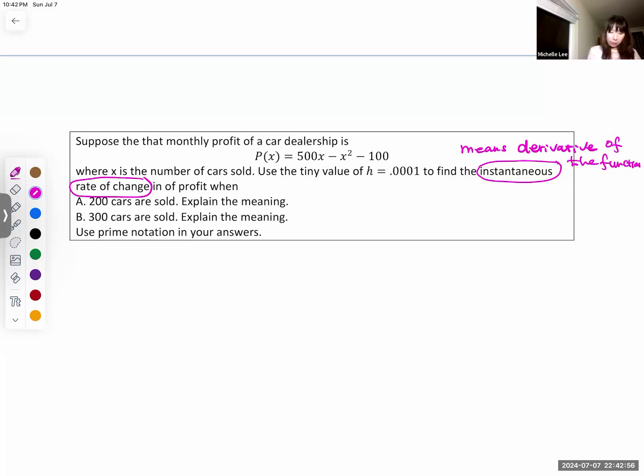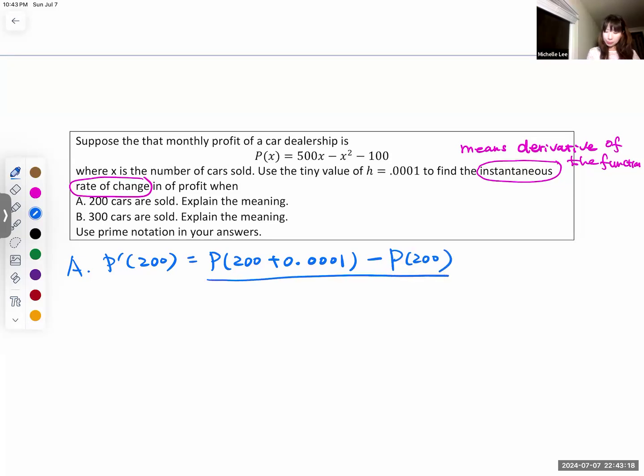Okay, so the first one, A, 200 cars. So P prime of 200 equal to P of 200 plus 0.0001 minus P of 200 over 200 plus 0.0001 minus 200, right?